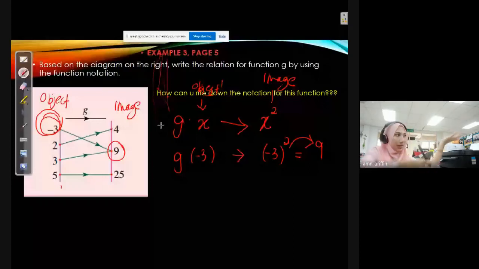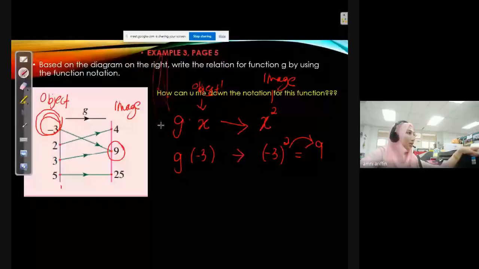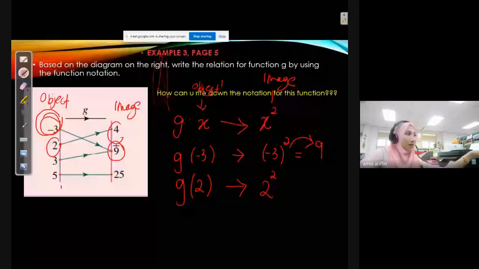Berdasarkan diagram ni, the object 2 become 4 is 2 power of 2. Kalau g(x), betul tak? Kamu masukkan 2 and then it will become 2 square. Yes, okay.